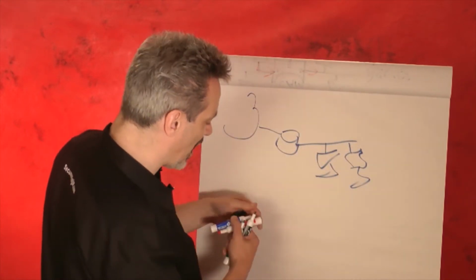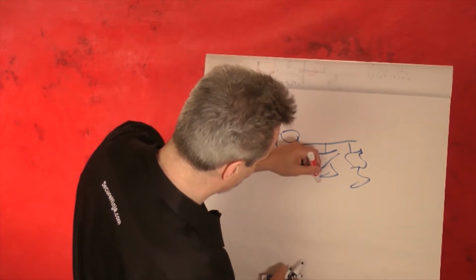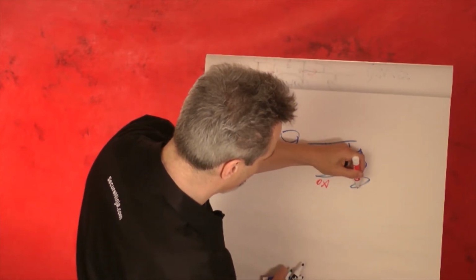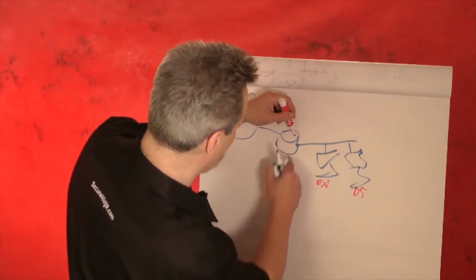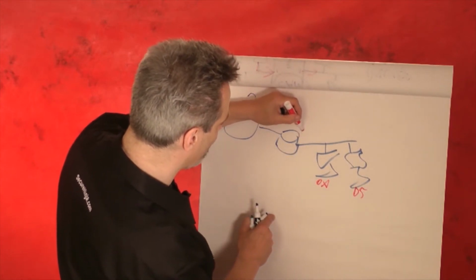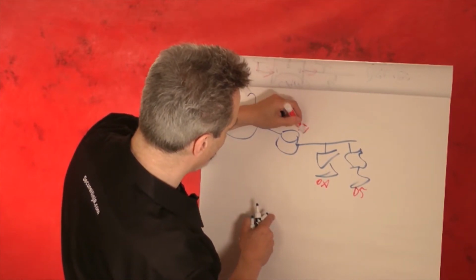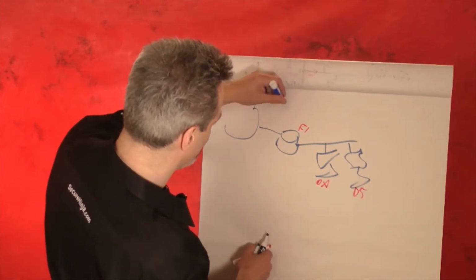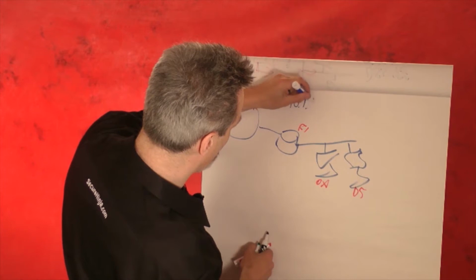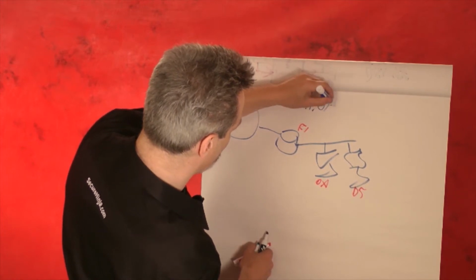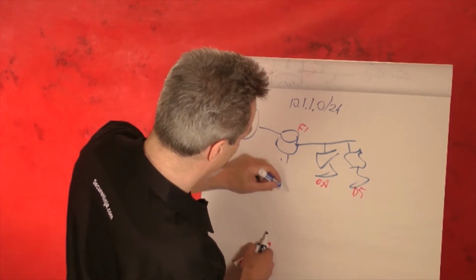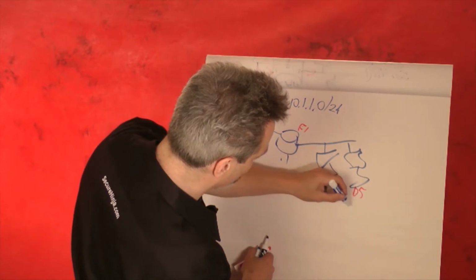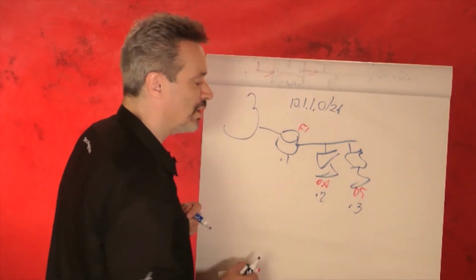And let's say Bob's MAC address is 0A, Alice's is D5, and the MAC address on the router is whatever, F1. Their IP addresses are 10.1.1.0/24. We'll make the router .1. Bob will be .2. Alice will be .3.